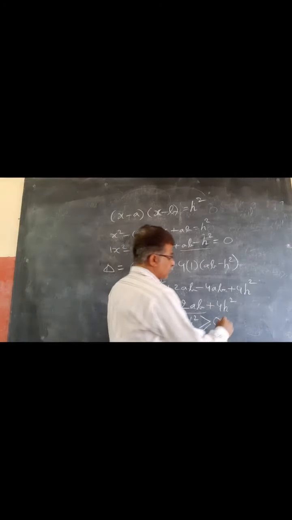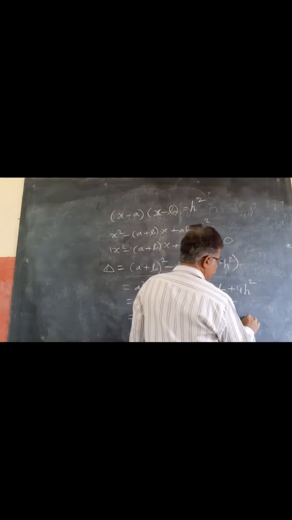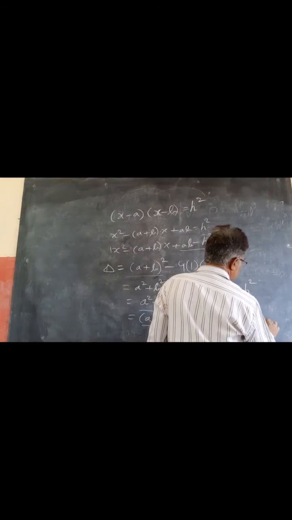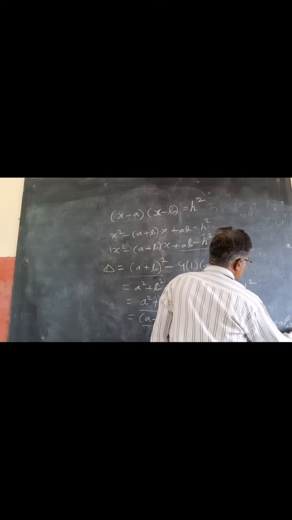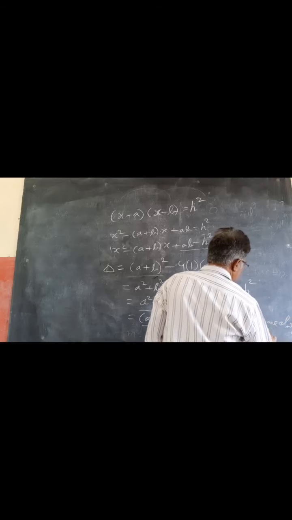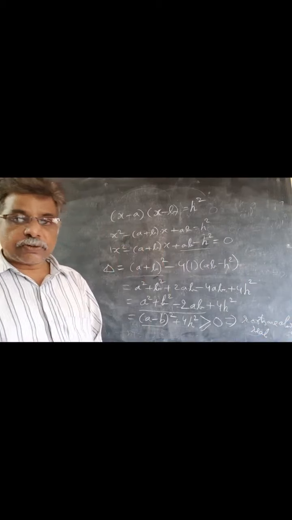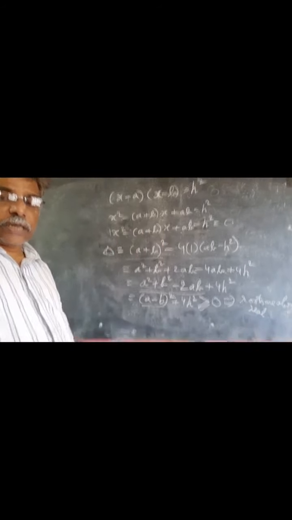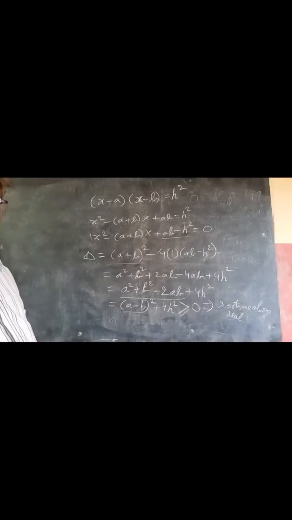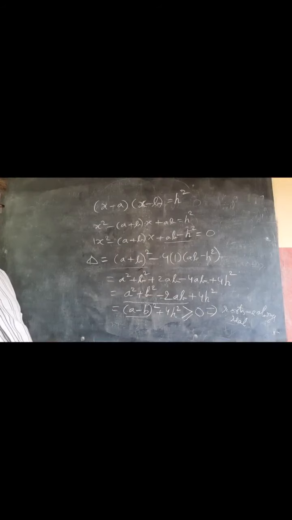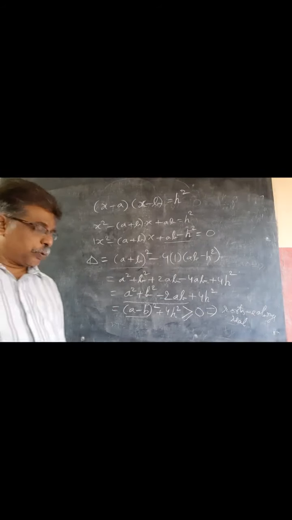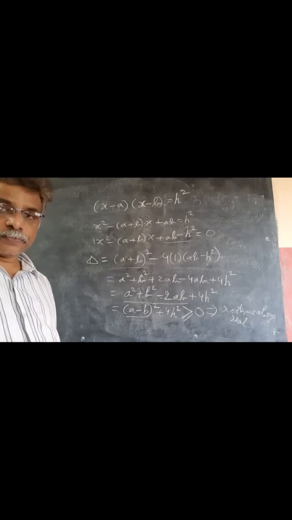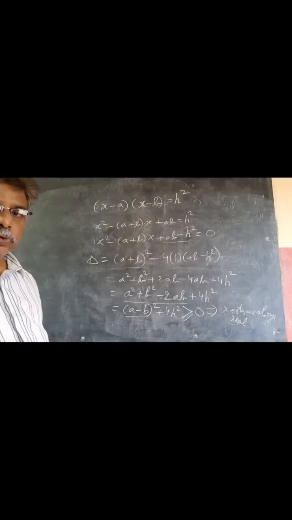Because b square minus 4ac is always greater than or equal to 0, the roots are always real. Hence true. That is what was asked to prove. We proved it.